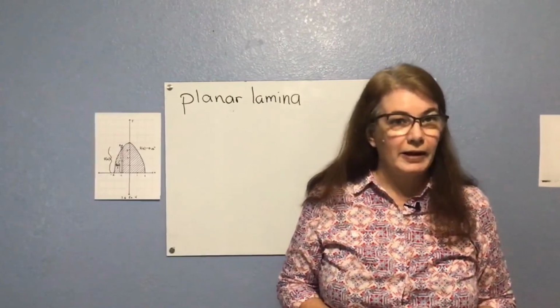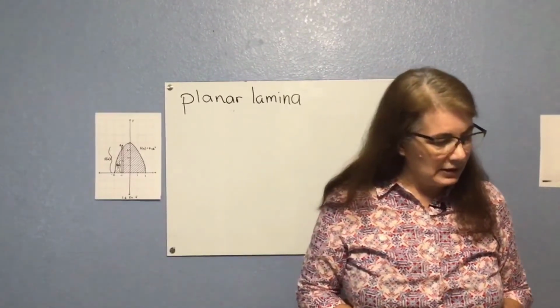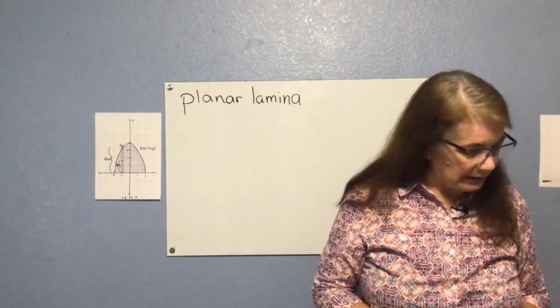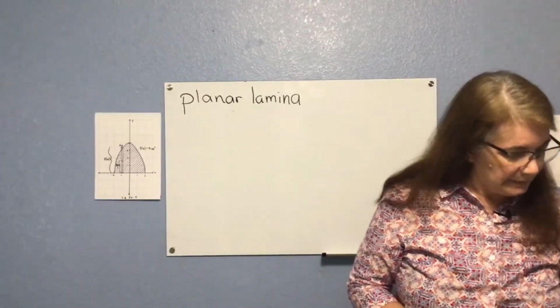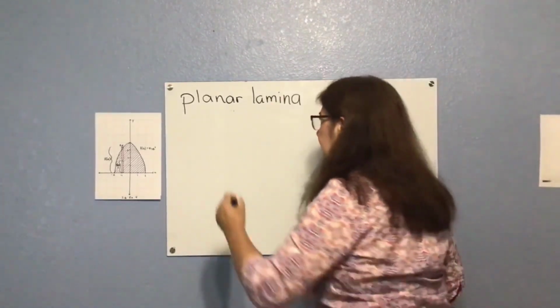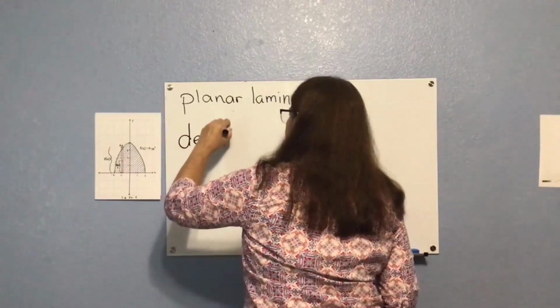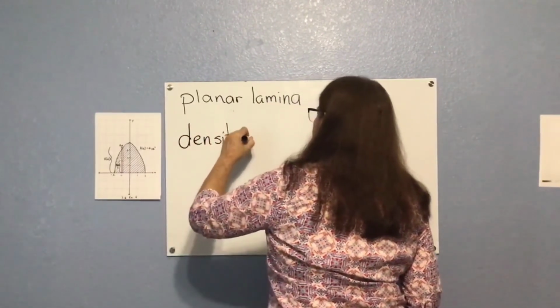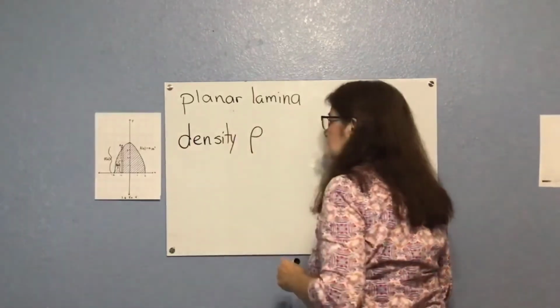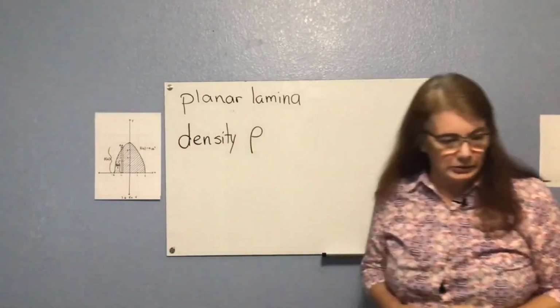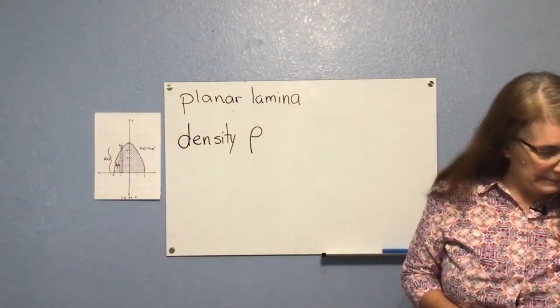Okay, and if we want to find the center of mass of this, we need to use a little calculus. Okay, we represent density with the Greek letter rho. So when you see that, that's the density.